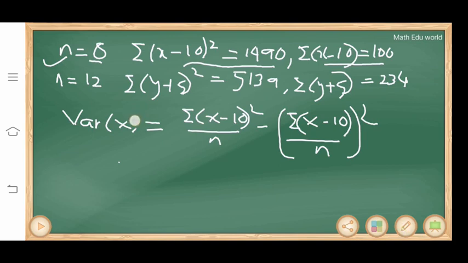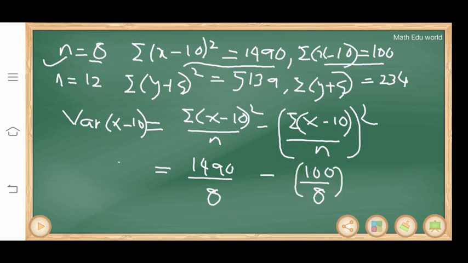Substituting the values, we get 1490 divided by 8 minus (100 by 8) the whole square. Doing this calculation, we get the answer as 30. So the variance of x minus 10 is 30.